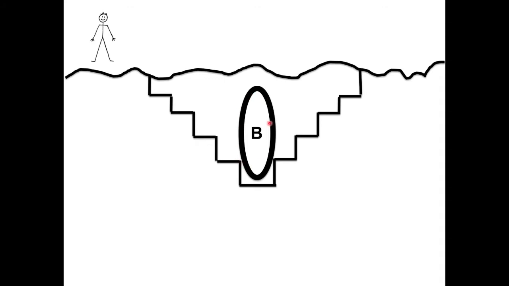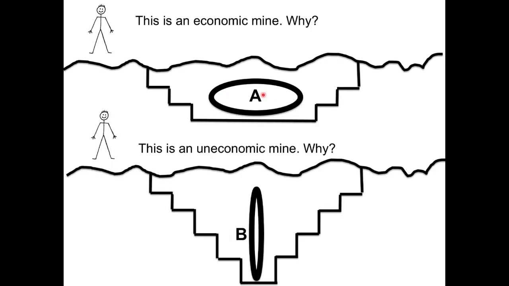So it's only in the ore body B that any metal of significant concentration can be sold, but yet you have to mine all of the rock to the left and all of the rock to the right in order to be able to safely extract the rock that is within ore body B.